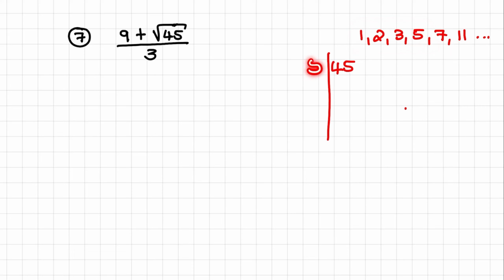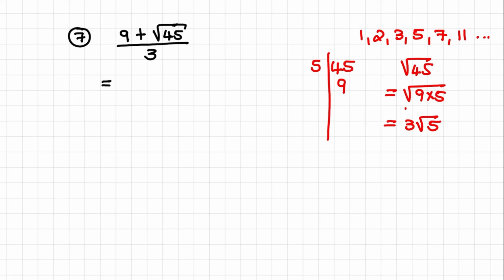And 45 divided by 5 is equal to 9, which is a perfect square number. That means that I'll take 45 divided by 5 and get to 9. So the square root of 45 can be rewritten as the square root of 9 times 5, which is equal to 3 square root 5.